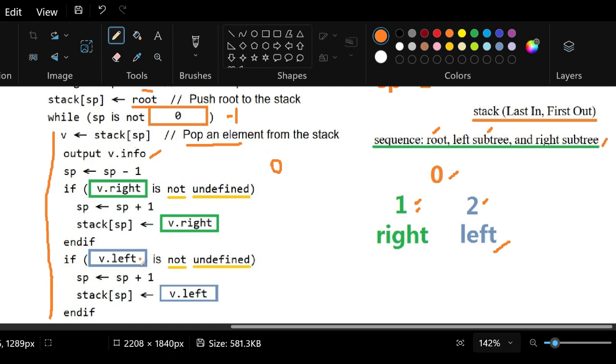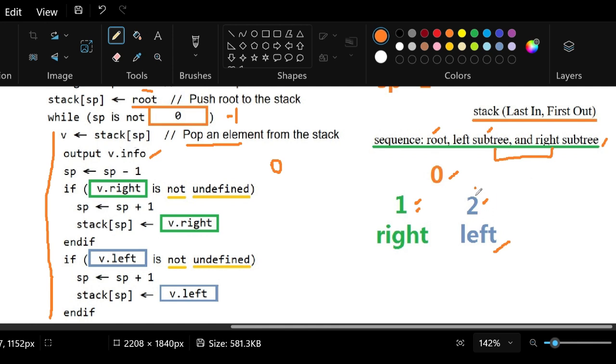If we exchange these, then what will happen is we will put the right in this position so that it goes out first. Because the right would be put here, and therefore this one would be the right, and if you look at the sequence, it will be in reverse.